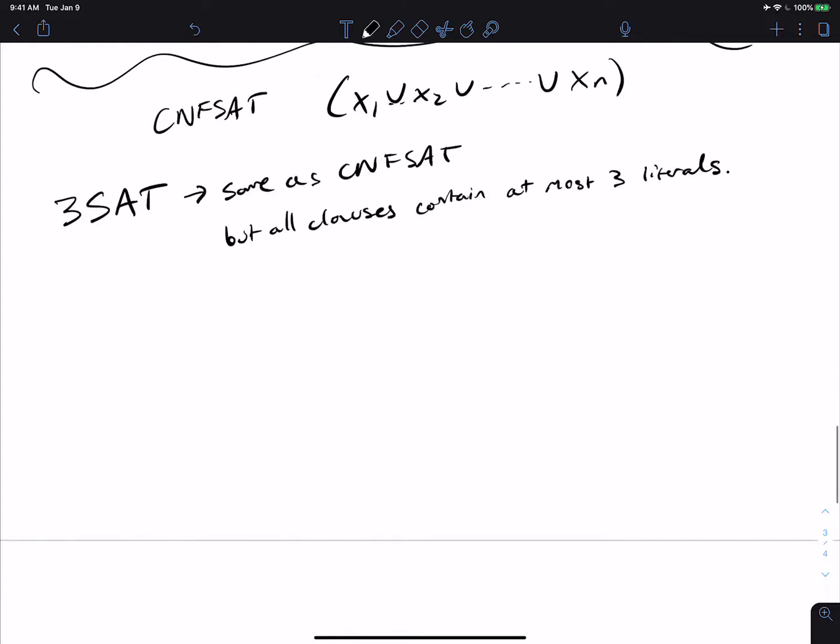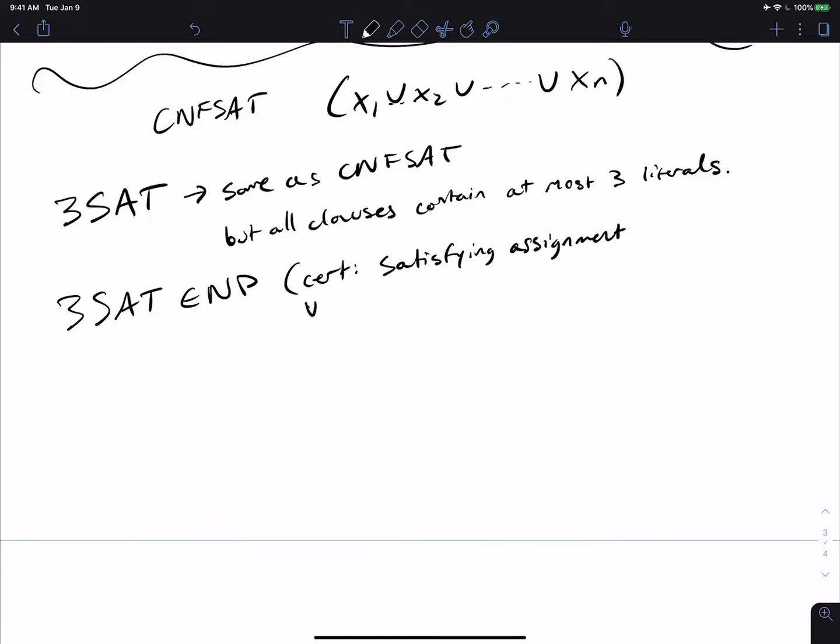So we can easily see that 3-sat is in NP, and the certificate is the satisfying assignment. And what would the verifier do?